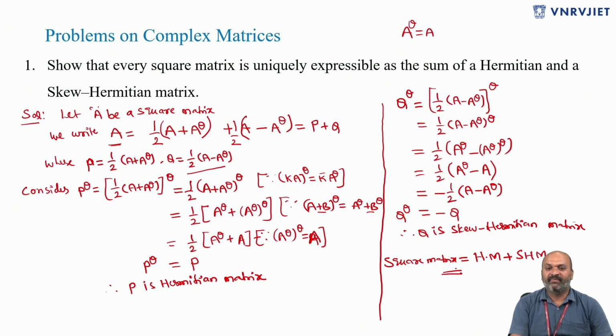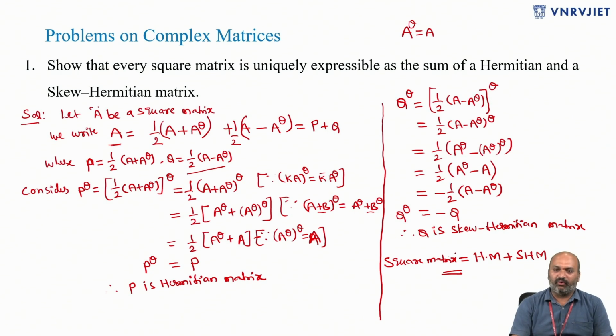From this we can say any square matrix can be expressed as the sum of a Hermitian matrix plus a skew Hermitian matrix. But this is one way. We have to show that this is the unique way we can express it as the sum of Hermitian and skew Hermitian matrices.